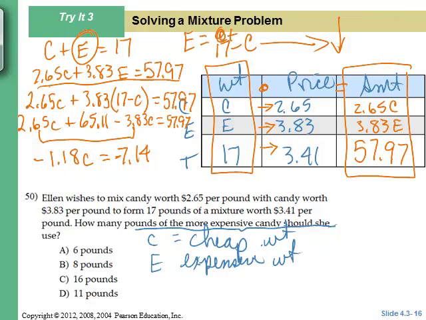Divide that by 1.18, and I get C is 6.05. So this must be 10.95, which would be about 11 pounds.